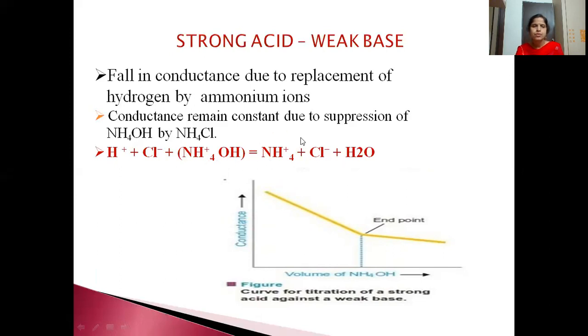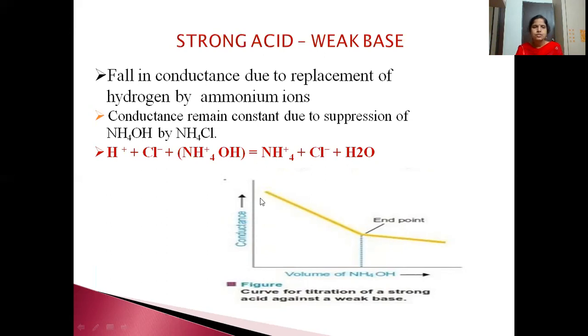Thereby after some time we do not find any increase or decrease in conductance. It is nothing but a constant graph that we will get.